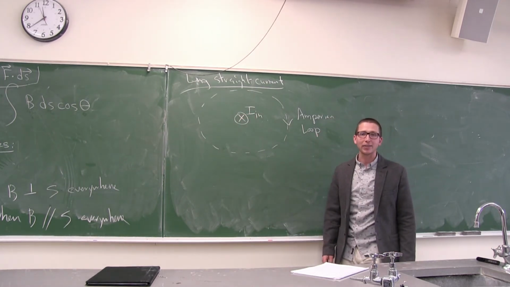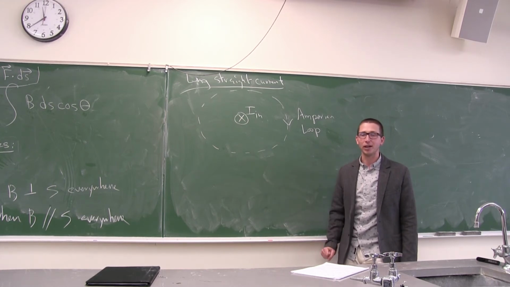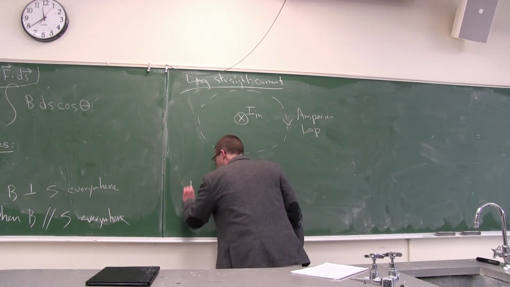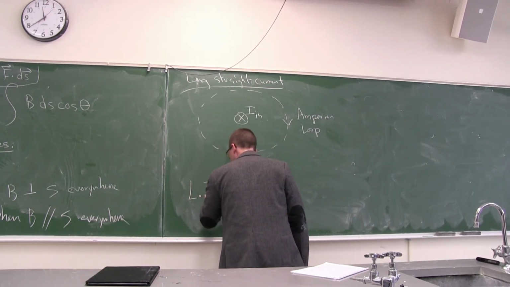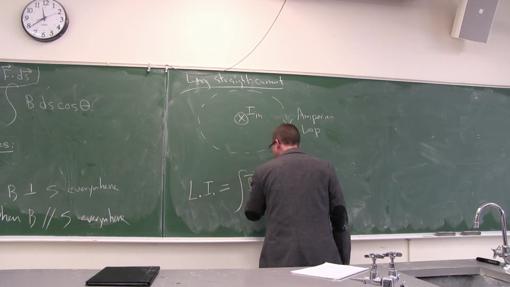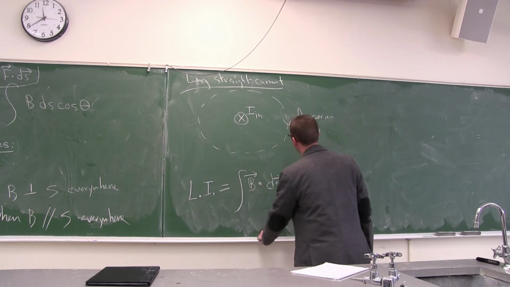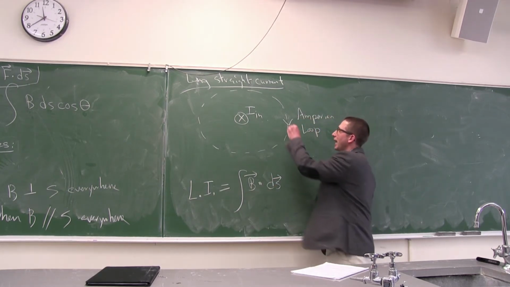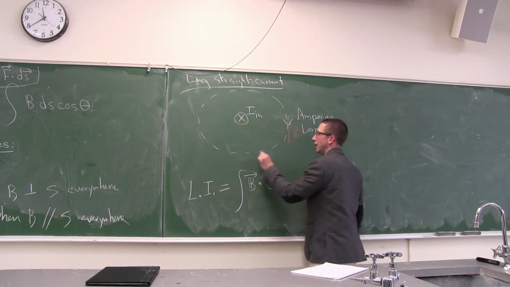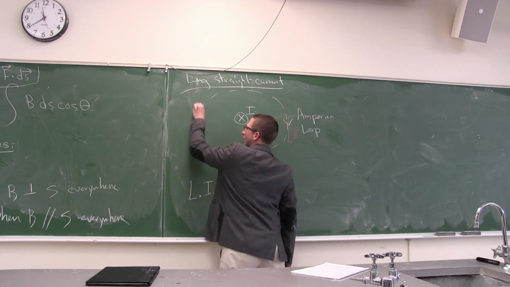So let's just calculate the line integral for this configuration. Let's just calculate B dot ds. So the line integral is going to equal the integral of B dot ds. Now, what we know is, as I go around this path, at every point along the loop, the magnetic field is parallel to that little length element.